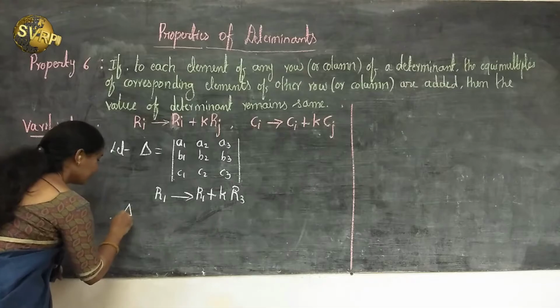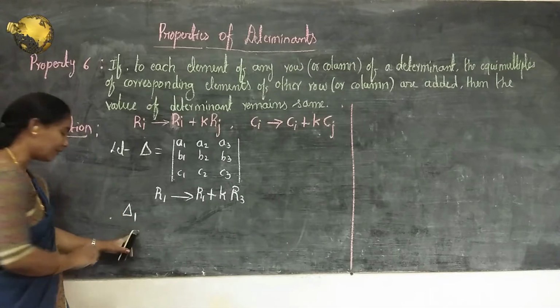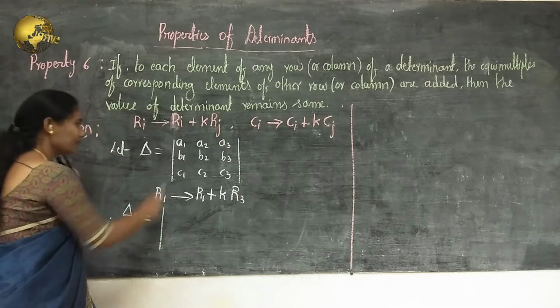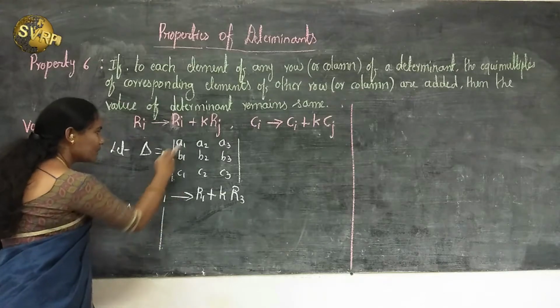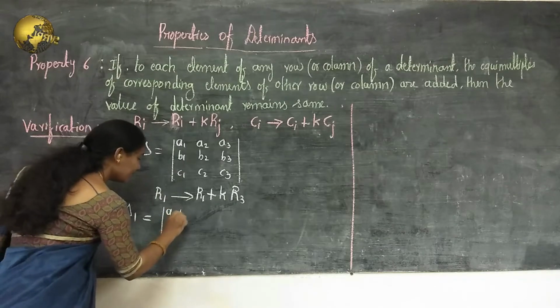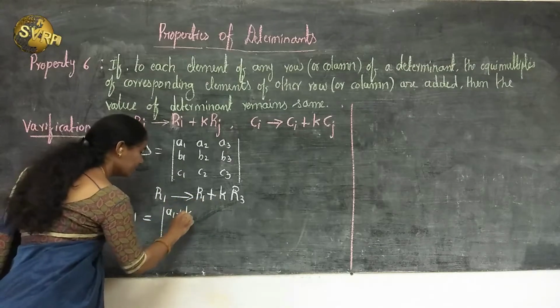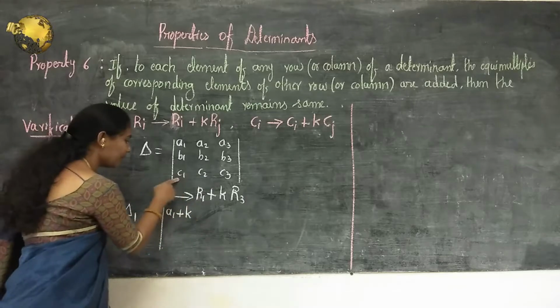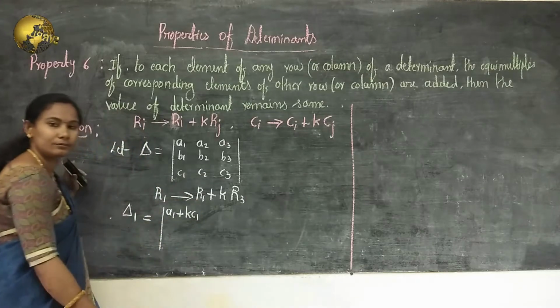So then we can take it as delta 1. I am changing row 1 to A1 plus K into the row 3 element, which is C1.